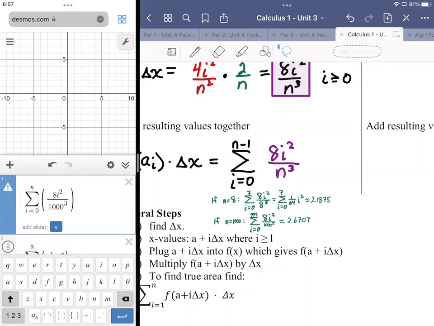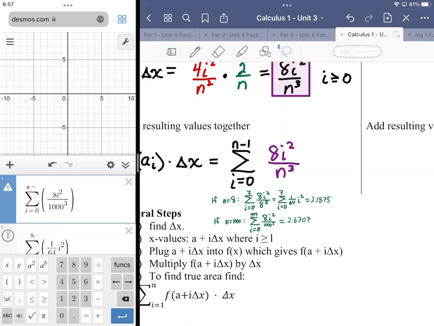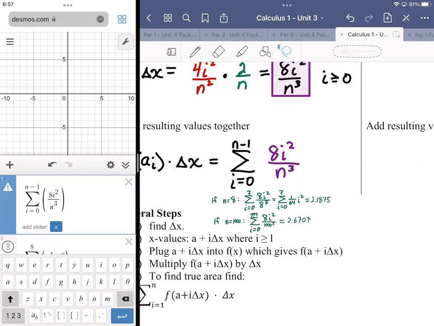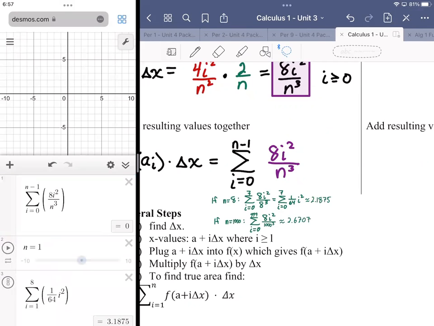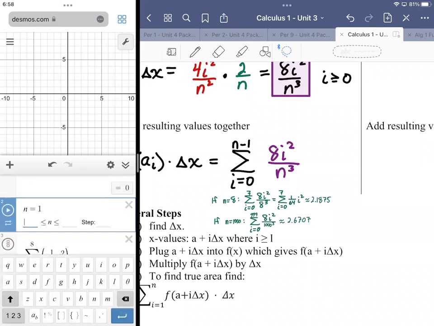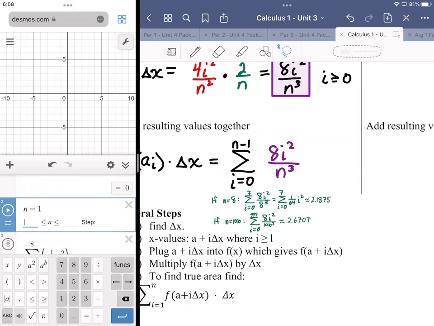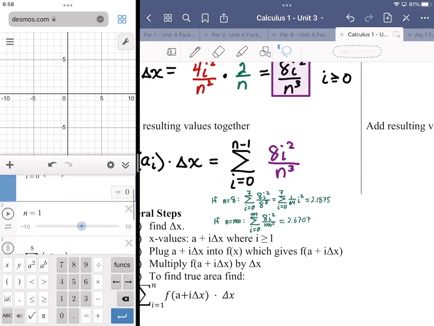But what we can also do is make this a little bit more general. Put in an n minus 1 on the upper bound, keep this as n cubed on the lower bound, and make a slider. You can tap on the slider itself, the low bound.